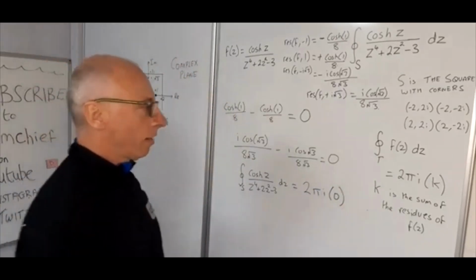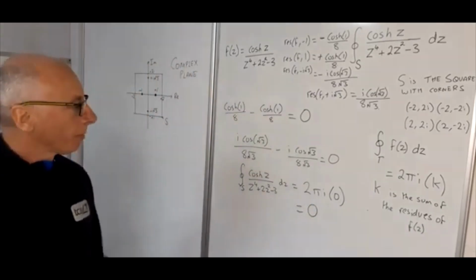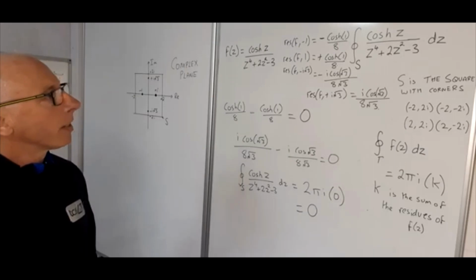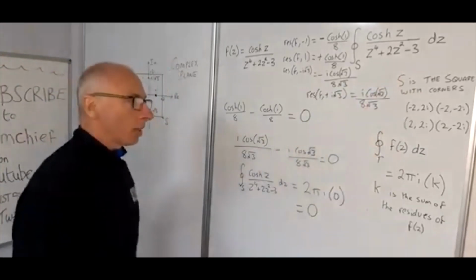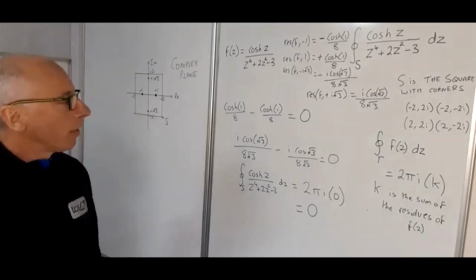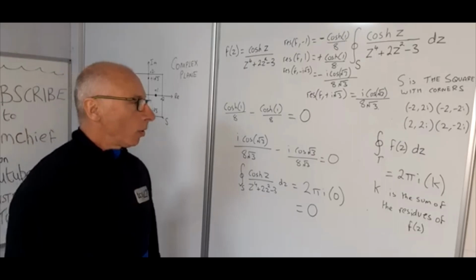Obviously our k is 0, so hence this equals 0. Okay, so there we go. That's how we can integrate this function here using Cauchy's residue theorem and Cauchy's integral formula. There we go, all about the residues.